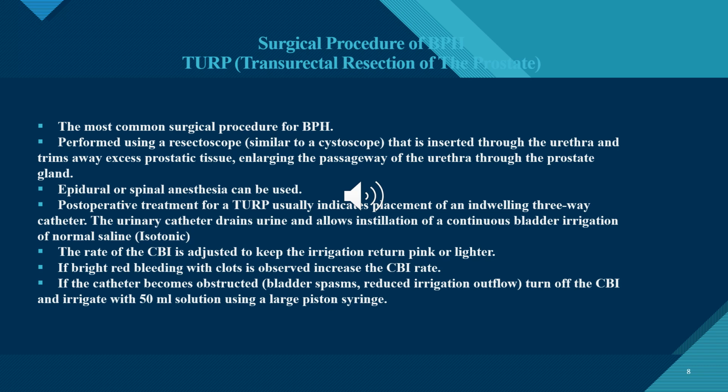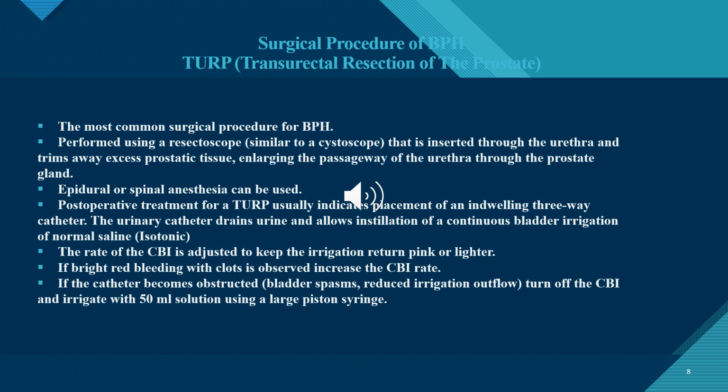So the 3-way catheter is placed to perform continuous bladder irrigation, which prevents obstruction of the catheter after surgery. Okay, the urinary catheter drains urine and allows infusion of a continuous bladder irrigation of normal saline. The product used for irrigation is normal saline.